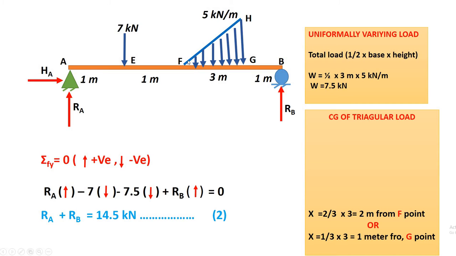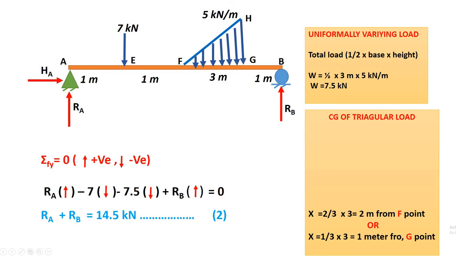The same way we will determine the total load. The total load is equal to 1/2 into base into height. So 1/2, the base of this load is 3 meter and the intensity of load is 5 kilonewton per meter. So the total load is 7.5 kilonewton.